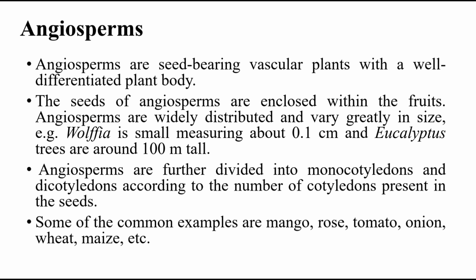So they vary in their size. Angiosperms are further divided into monocot and dicot according to the number of cotyledons present in their seeds. Some common examples of angiosperms are mango, rose, tomato, onion, wheat, maize.